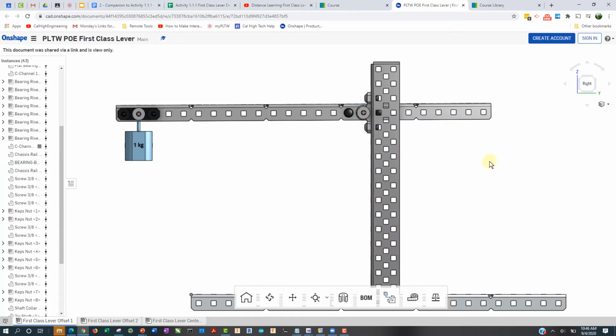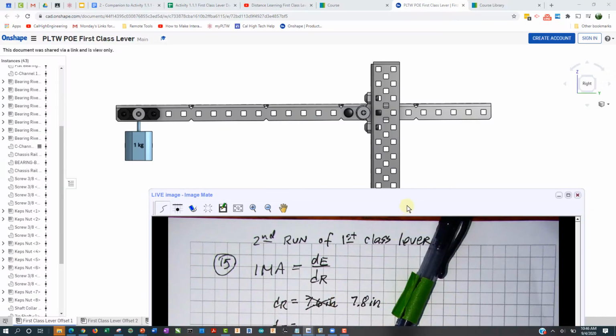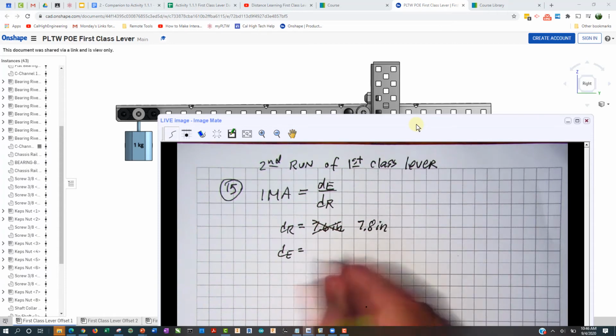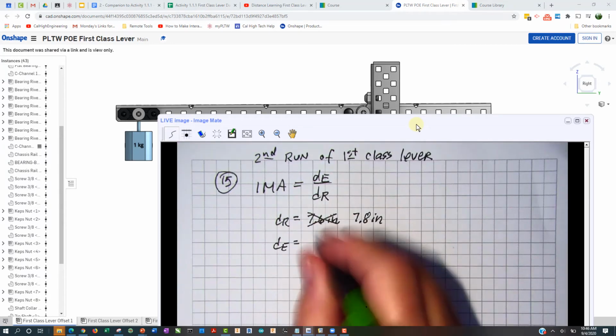What if we just count squares? 1, 2, 3, 4, 5, 6, 7, 8. 8 squares for d sub e. So this would be some number of inches here, but I don't like that measuring tool.